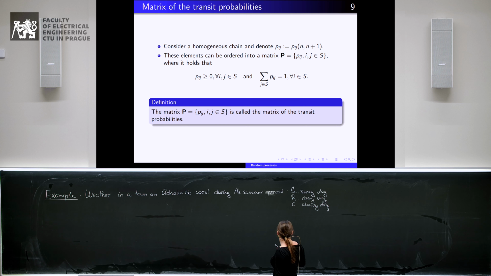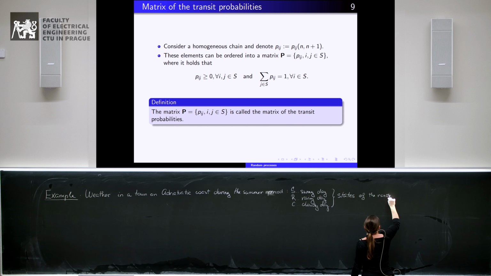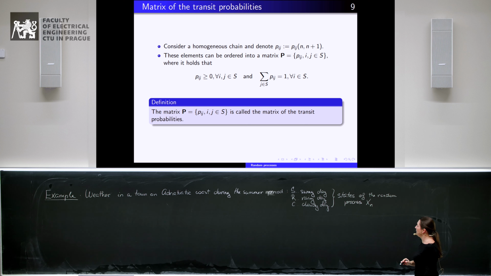So we will consider these 3 days, which are the states of the random process Xn, and n is from 0 to some large n, but in fact, from theoretical point of view, we should consider infinity in order to make it mathematically correct.